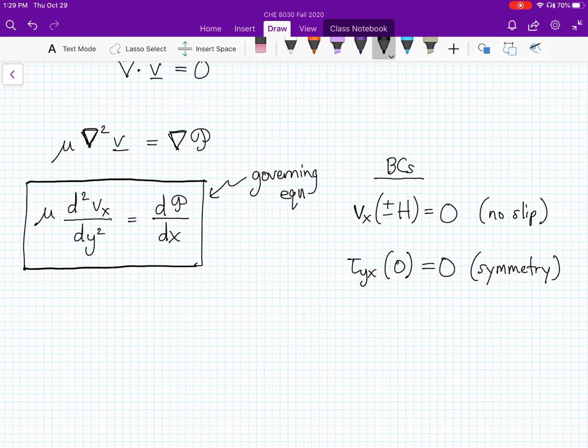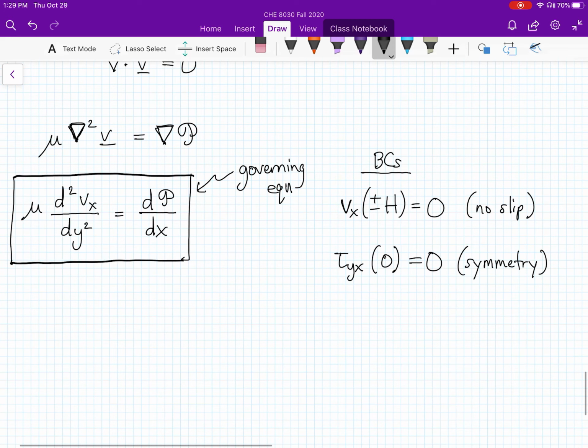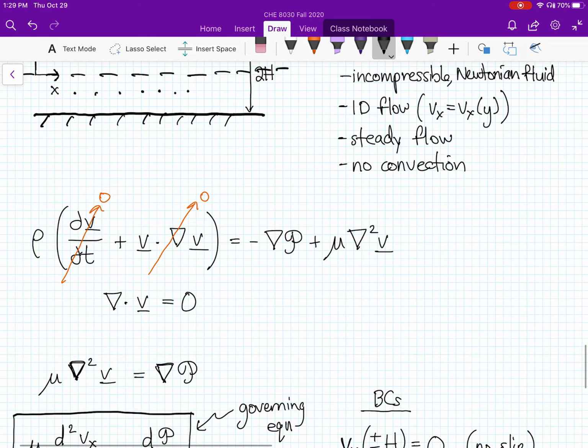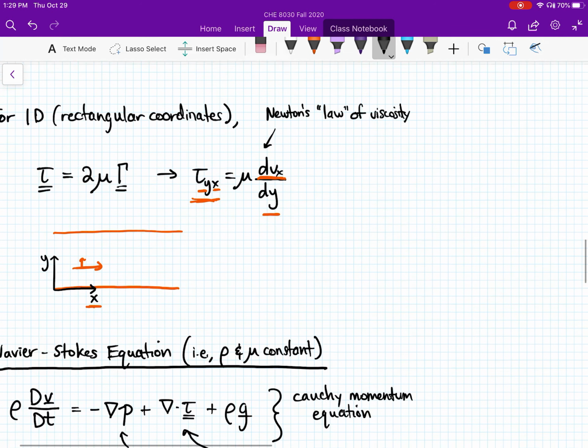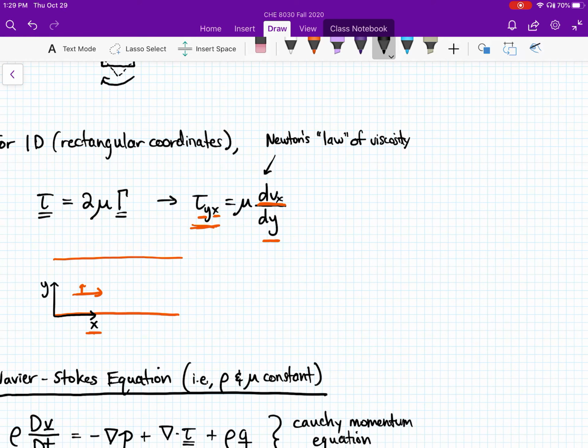So governing equation, boundary conditions that go with that governing equation. Note, I mentioned something earlier. I think we were up here, and I was talking about the subscripts on tau.